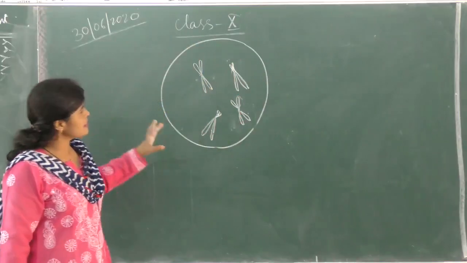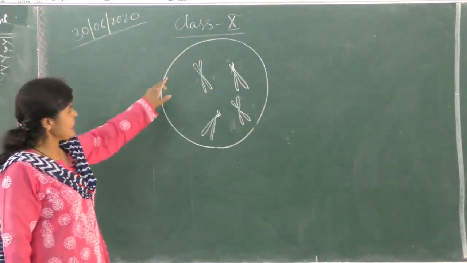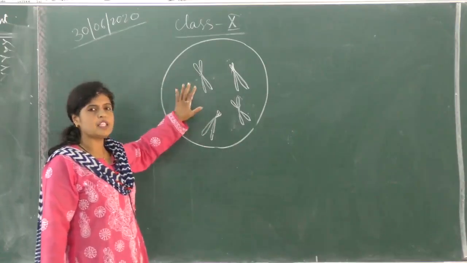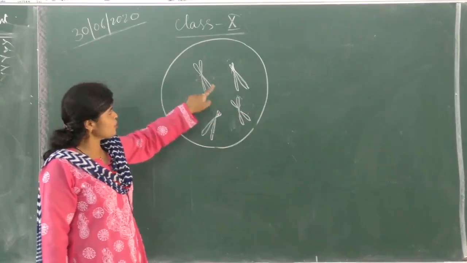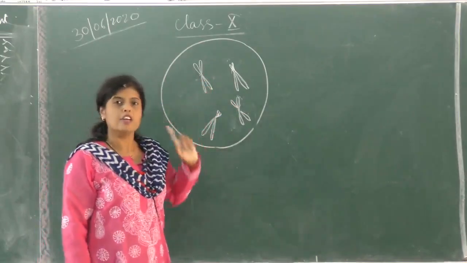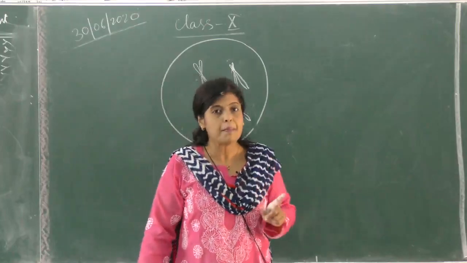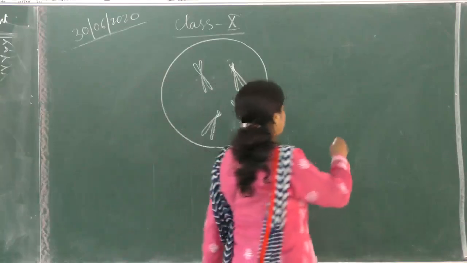So let us consider this as a cell with 4 chromosomes. How do we know it is a diploid cell? Because each chromosome has its pair. This chromosome has its pair, and this chromosome has its pair. In a diploid cell, chromosomes are always present in pairs. Okay. What is a homologous chromosome? Just again a revision.